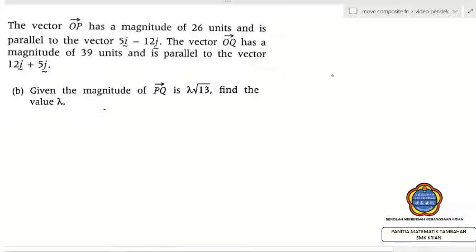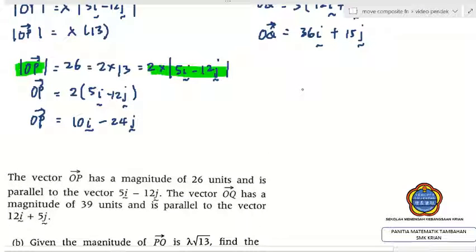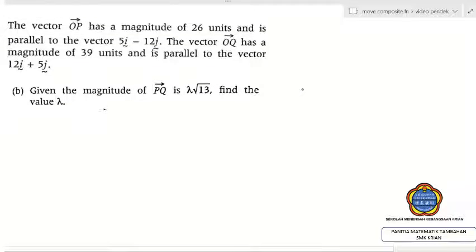Okay, next we come to question B. Okay, in question A, we already got the OP and OQ, and for sure we will relate this with question B. Okay, go to question B. Given the magnitude of PQ is lambda 13, find the value of lambda. Okay, we start now.